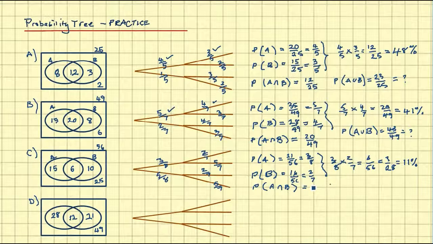Okay, finally, 3/28 there. Finally, probability of A or B. What's that going to be? So it's going to be 31/56.